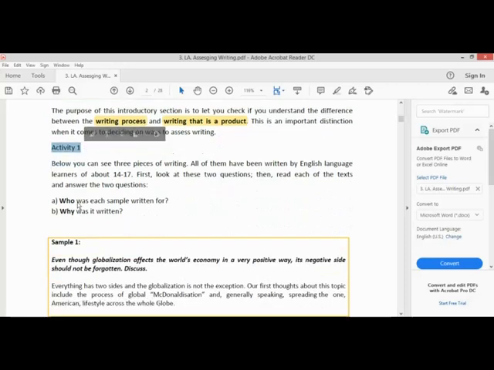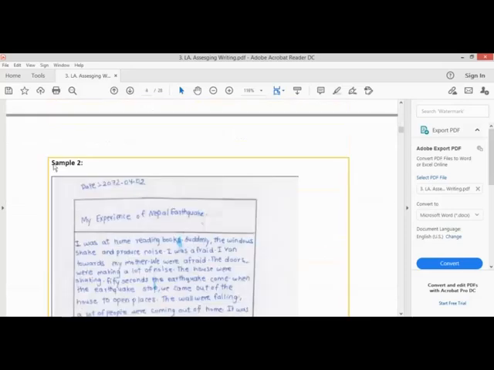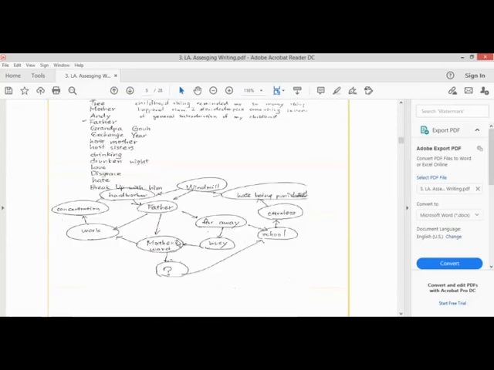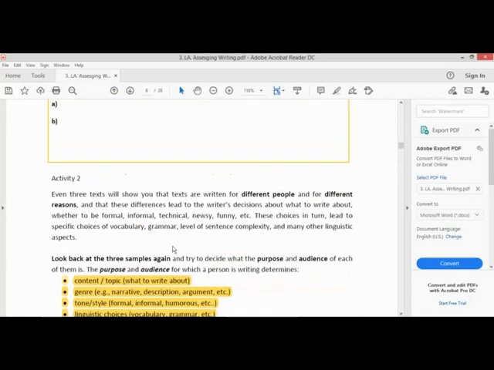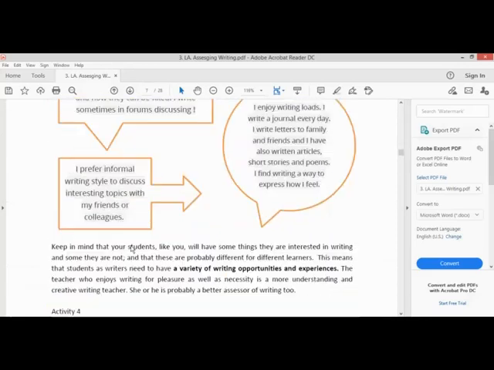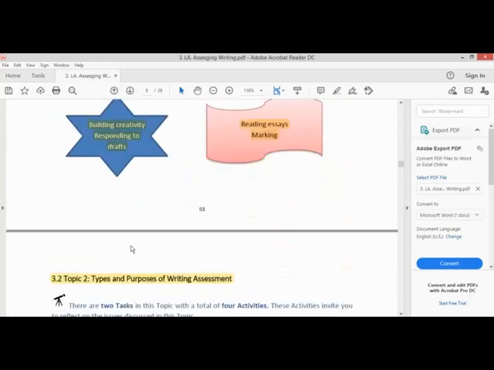Every activity, activity 1, activity 2, sample. You need to study this chapter until activity 2, and until the end, which is on page 53.